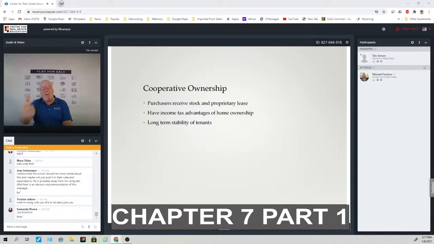You're buying shares into that corporation. And because you bought shares in this corporation, they give you a proprietary lease on an apartment, which means you, the shareholder, now have a place to live. It's yours for as long as you are a member in good standing. What does that mean? Paying your bills.